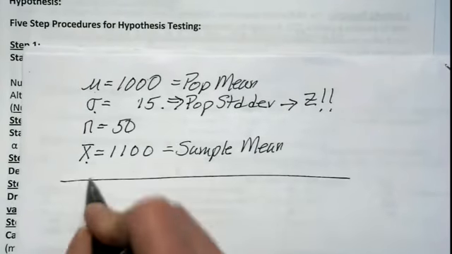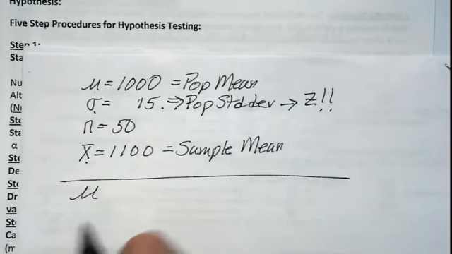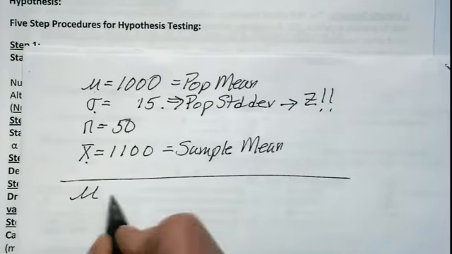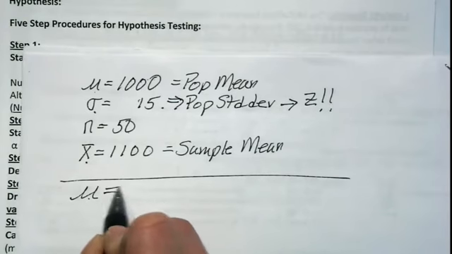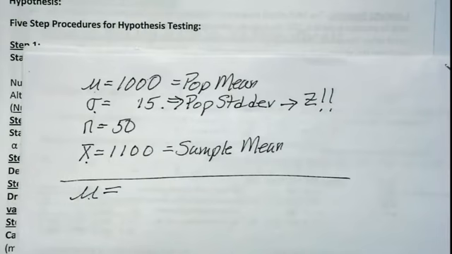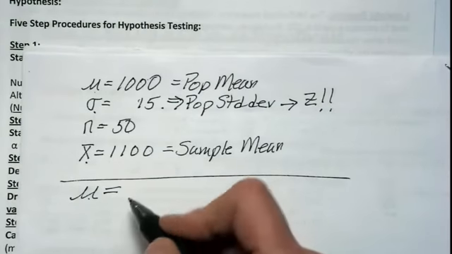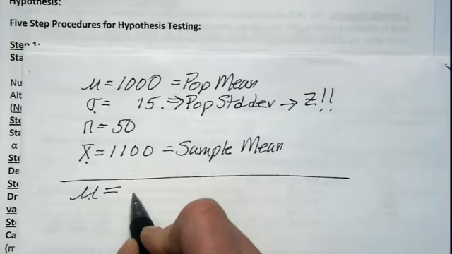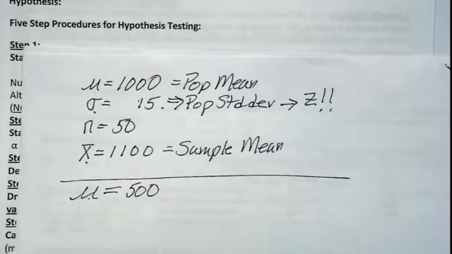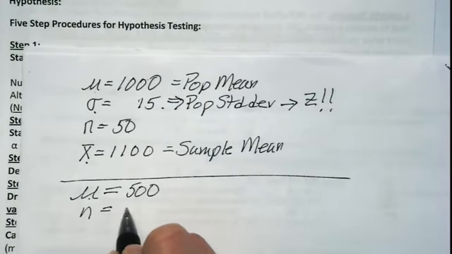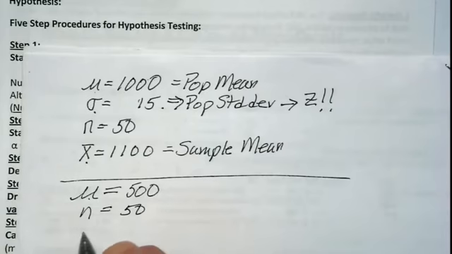Now, sometimes we don't have a population standard deviation. Sometimes we have a population mean. Let's say now we're producing pens, and we make 500 pens in our population. We implement a new process and we sample 50 of these, and we get a sample mean of 510.